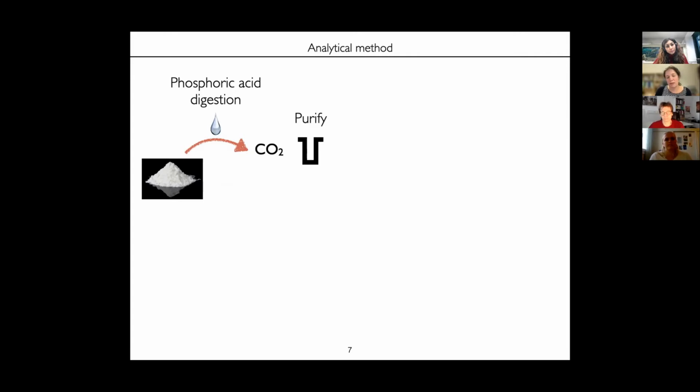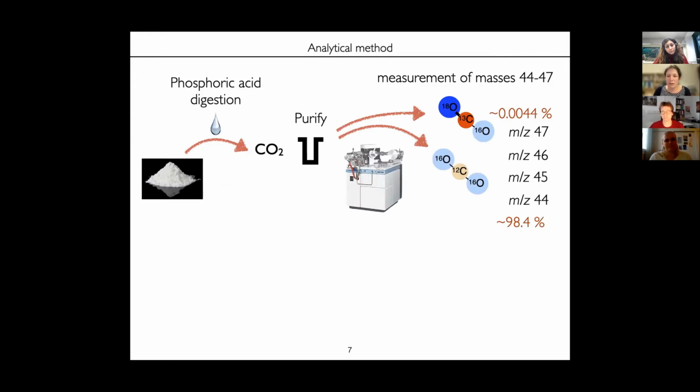From that, we have to do some extra purification steps, but that's relatively straightforward. And then we measure it in the mass spectrometer like we do for delta 18O. And we measure the same masses as for delta 18O plus one more. So we measure mass 44, 45, and 46, which gives us information about how much 13C and how much 18O we have in the sample.